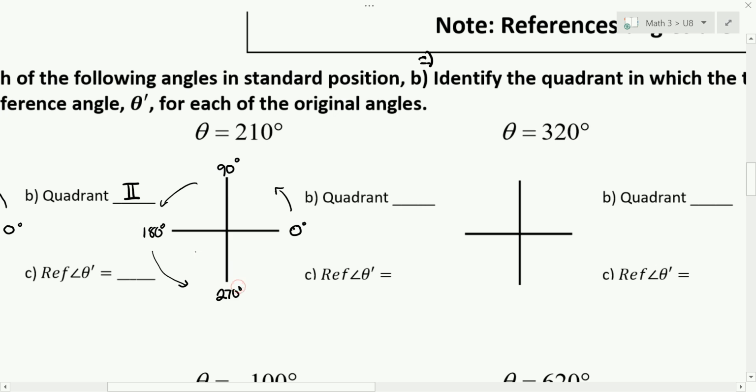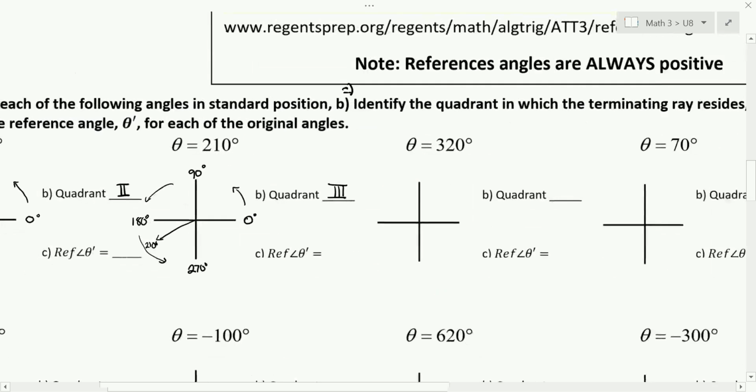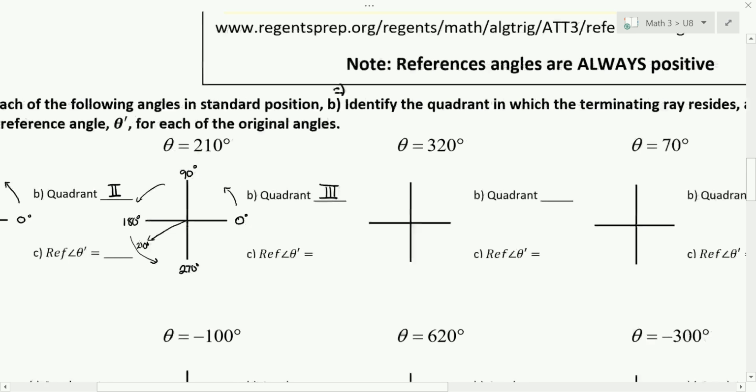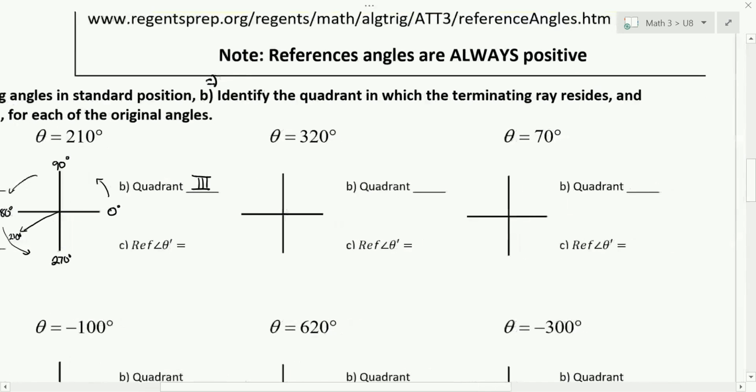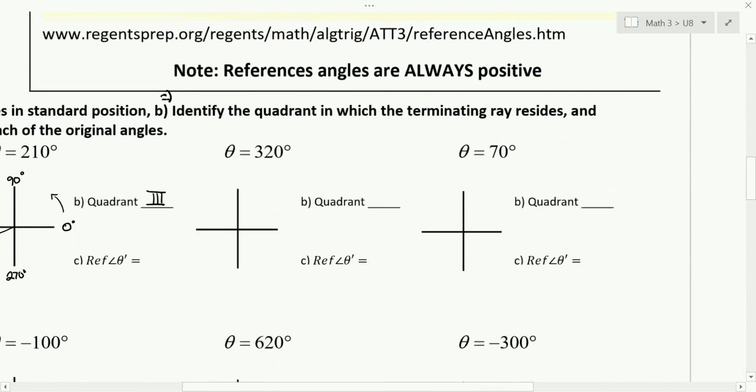Okay, and so 210 is somewhere between 180 and 270, closer to what? Closer to 180. So 210, somewhere right here. Which quadrant? 3. Okay. We're going to come back to the reference angles. Just want you to get this part down right now. All right, so go ahead and do the next two. Find 320 degrees and 70 degrees and state what quadrants they're in.